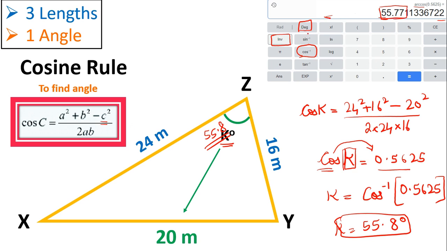Make sure your calculator is set on degrees, and also make sure which one you're taking as your capital C, and whichever angle you're taking as your capital C, the length right opposite to that becomes your small c. So this is pretty much about the cosine rule. You just have to be a bit careful when you're dealing with cosine rules and also sine rules. It's important which lengths and angles you're taking as your C, that's the most important. So that's pretty much it.